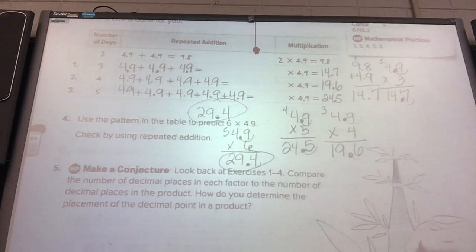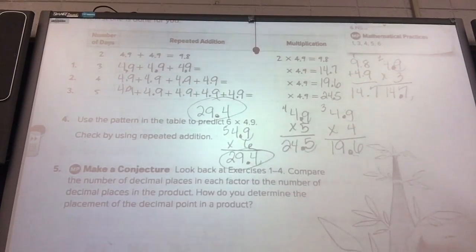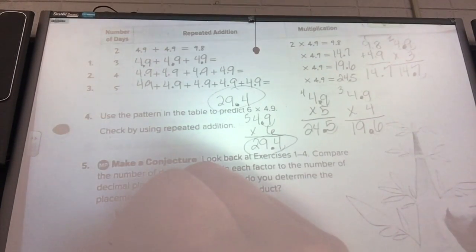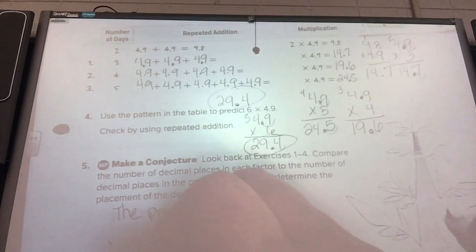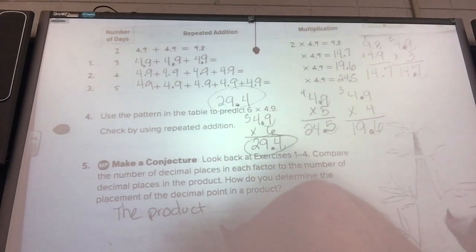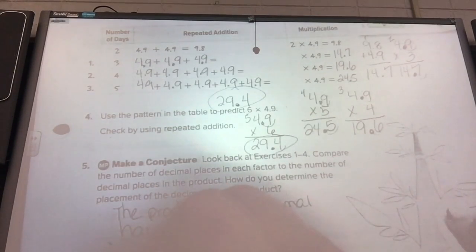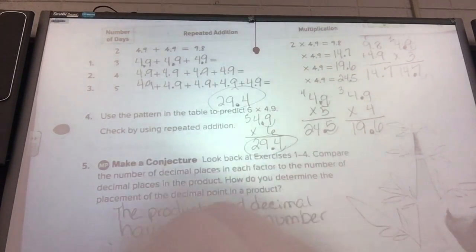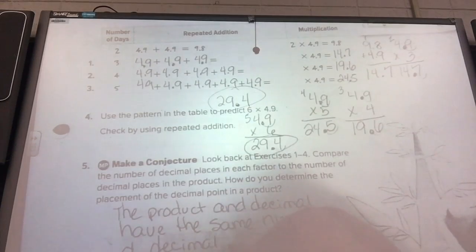All right. We're going to make this easy instead of writing a whole book like they have us writing. We're going to say that the product and decimal have the same number of decimal places.